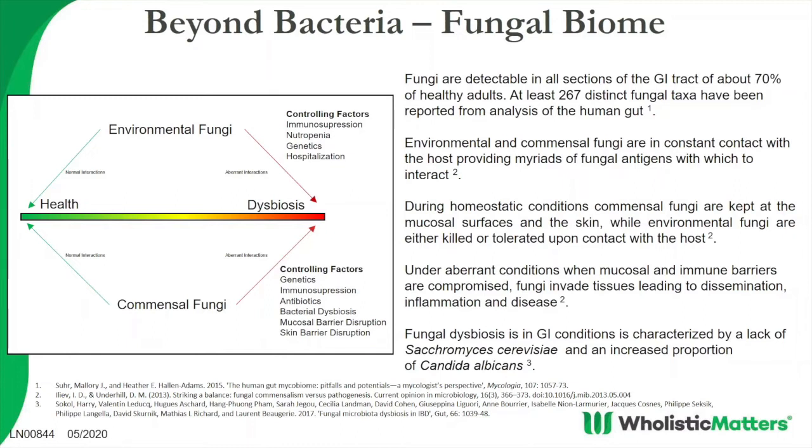The environmental and commensal fungi are in constant contact with the host, and they provide this myriad of fungal antigens with which we wind up interacting. During homeostatic conditions, commensal fungi are kept at the mucosal surfaces and in the skin, while environmental fungi are either killed or tolerated when we interact with them.